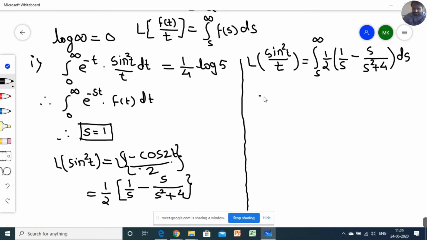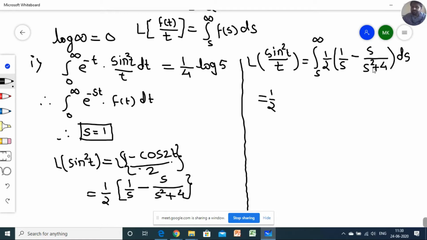Similarly, we have to apply integration. 1 by 2 outside I am taking because of a constant. Now what is the integration of 1 by s? It is log of s. But when we have to sort out this part, the denominator is carrying s square plus 4. It is the first type we can consider, but in the numerator it is clearly given a variable.